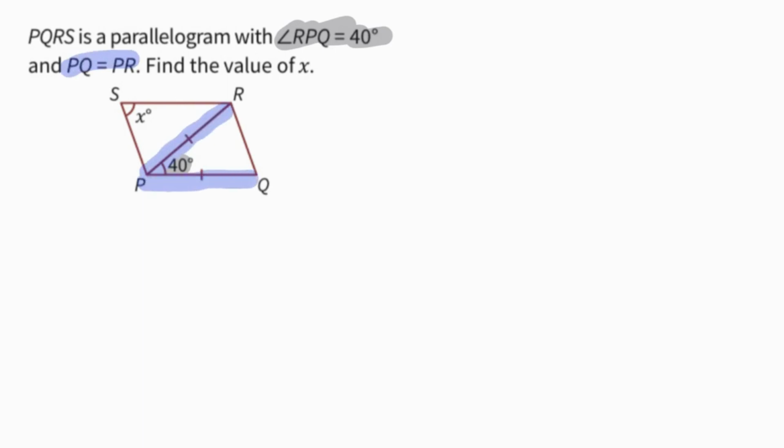And from here, I will be able to see that, therefore, triangle PQR is isosceles.